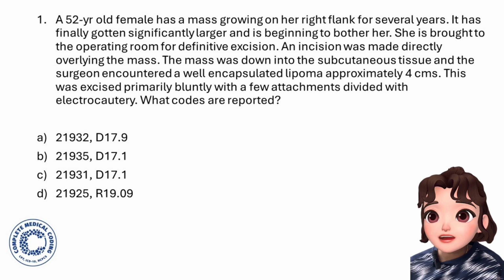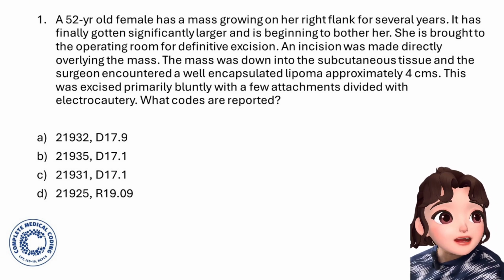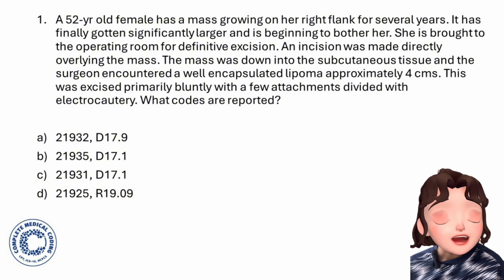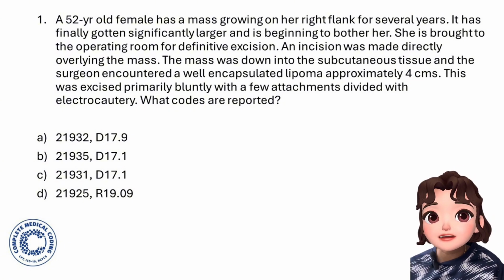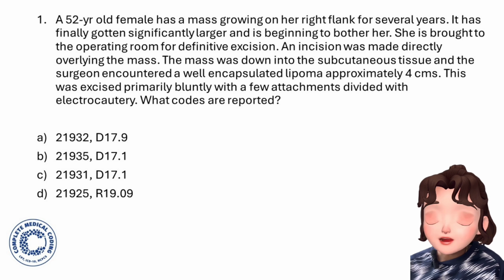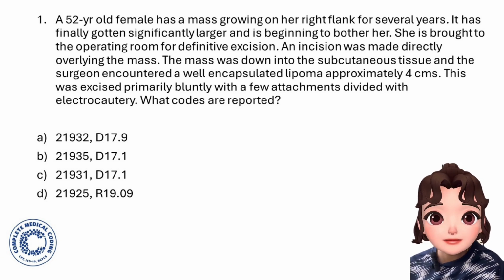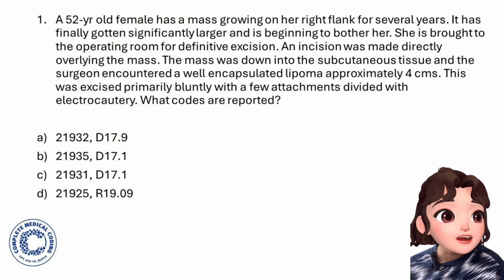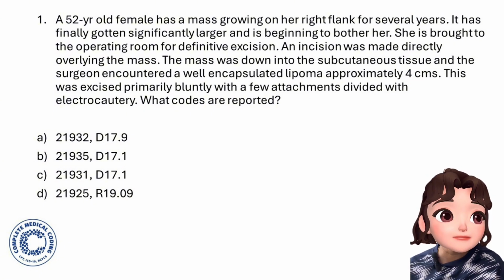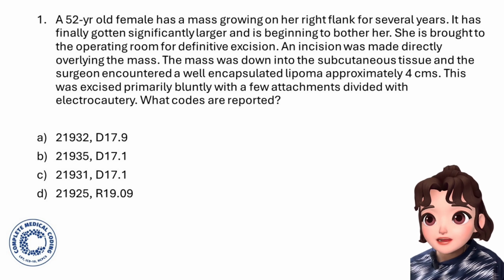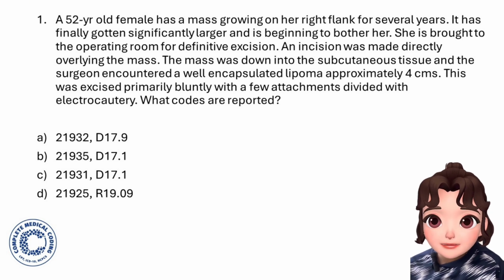So let's go to D17.1. What is D17.1? Benign lipomatous neoplasm of skin and subcutaneous tissue of trunk. Yes, this is the trunk. So this will be the correct ICD code, D17.1, because this is a benign lipomatous neoplasm of the trunk.